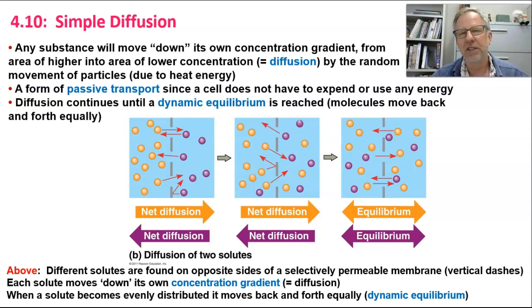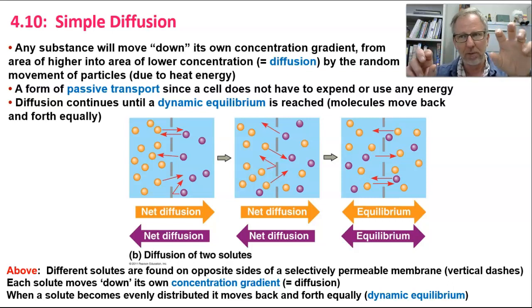If a substance is not equally concentrated in space, it's more highly concentrated in one area than another area, there's more of that substance here than there is here. Then these molecules are randomly moving. They're bumping around and hitting each other from heat in the environment.